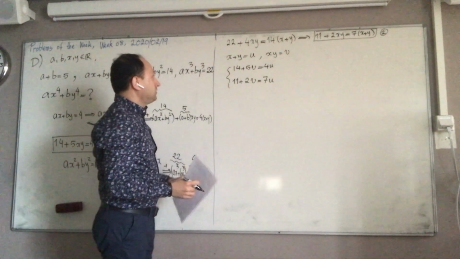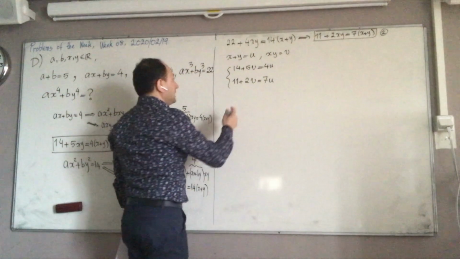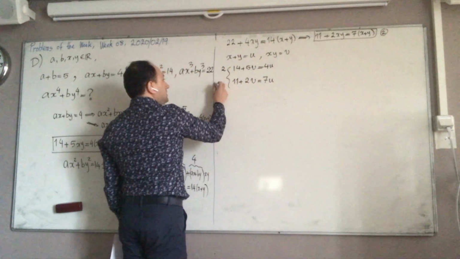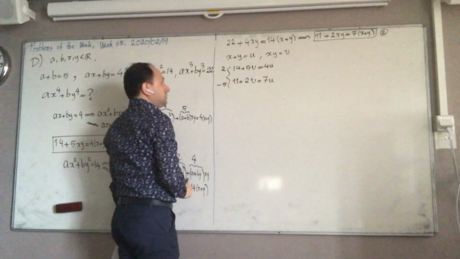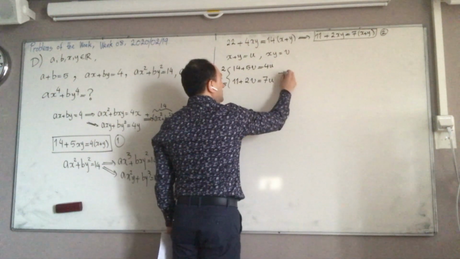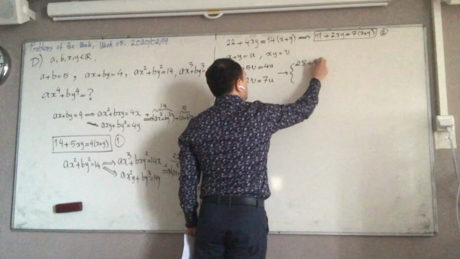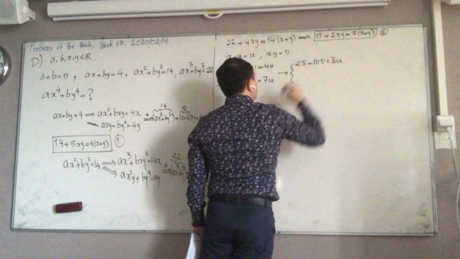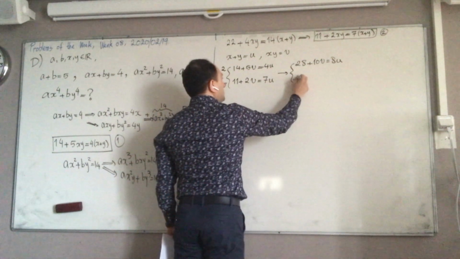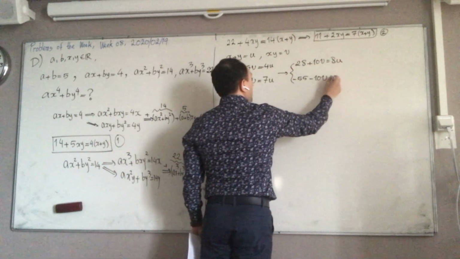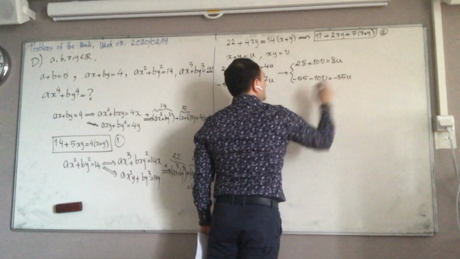Yes? So for example, if I want to solve it, I can multiply this by 2. I can multiply this by negative 5. So let us see what happens. Then this becomes 28 plus 10v is 8u. This becomes minus 55 minus 10v is minus 35u.